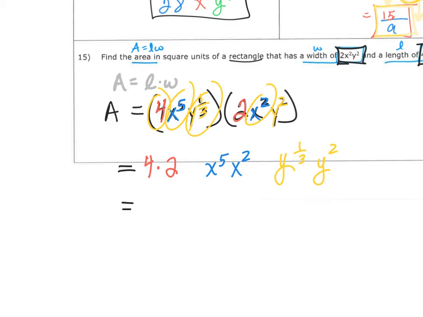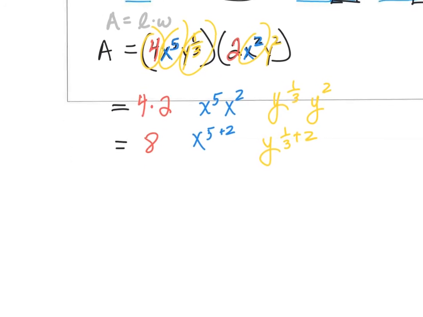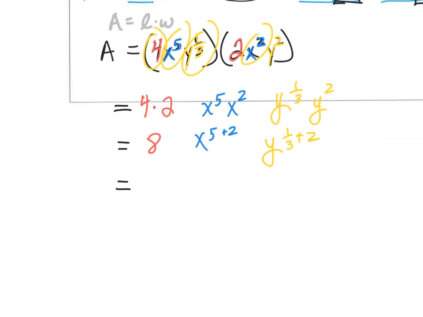So I'm going to rewrite. 4 times 2 is 8. When I take a look at this, it's x to the 5 plus 2. And this becomes y to the 1/3 plus 2. Now I'm showing every single step. Some of you will go from this step to this step, and that will be just fine. So it'd be 8.